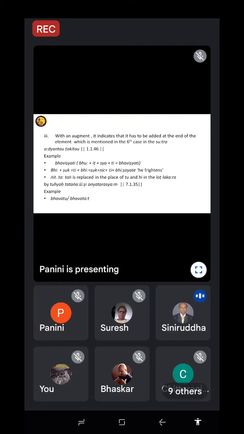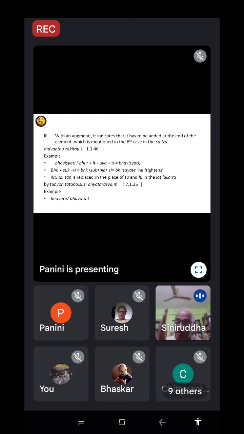Panini, that I will explain to you when you come to technical terms. Sarvadhatuka, ardhadhatuka, why? Basically the formal differences between the verbal forms. You have bhavati, you have bhavishyati, you have bhavita, you have bhavatu. Where it comes, where it does not come.